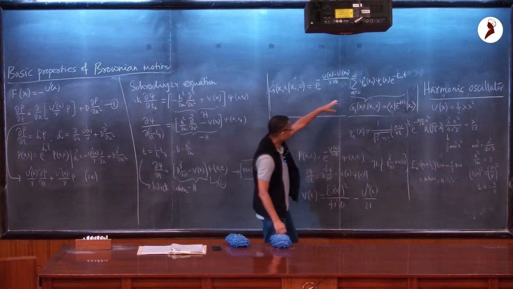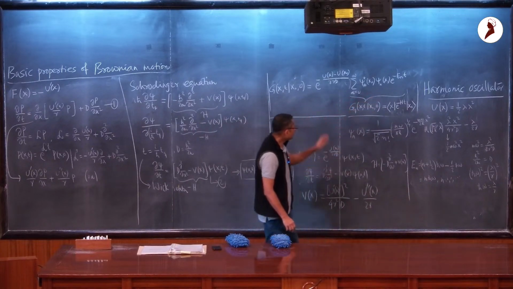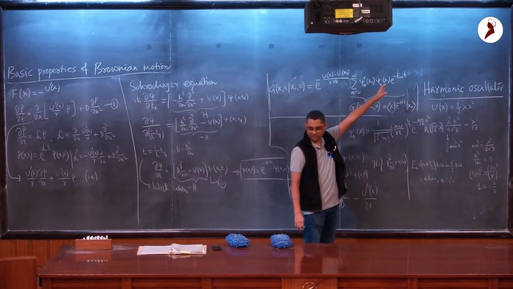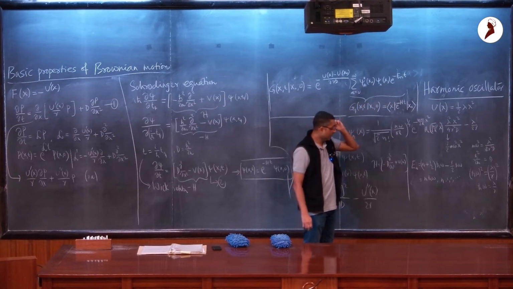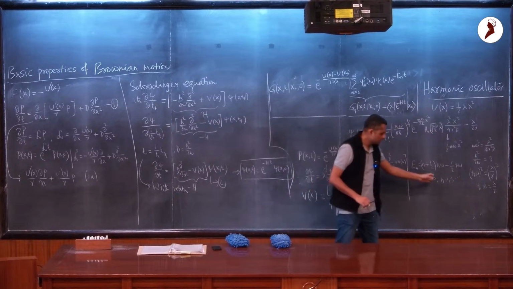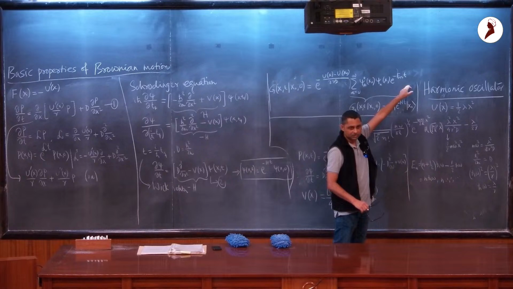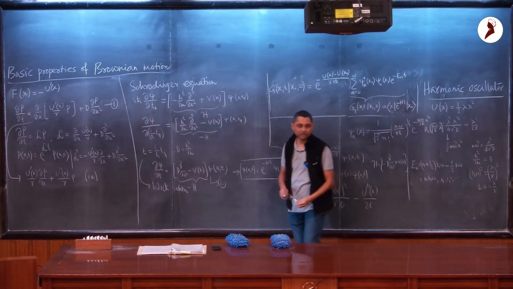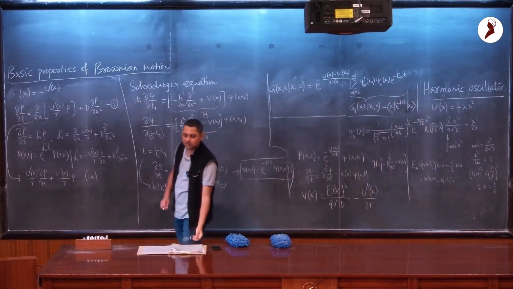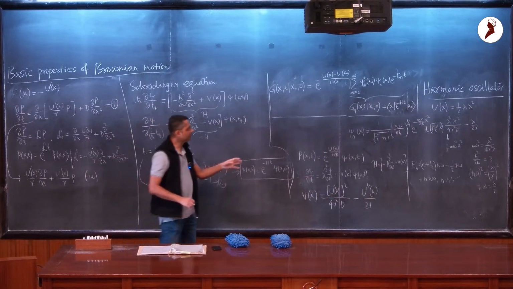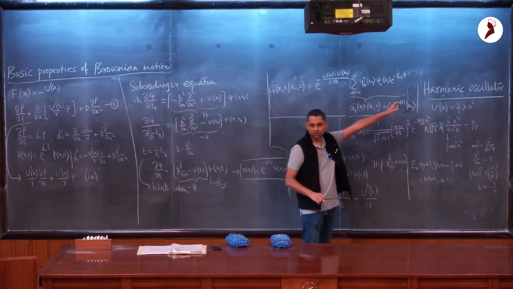Now let's look at this term. What is the lowest energy? It is 0. And what are the other energies? Basically this is nħω, right. So what happens when t goes to infinity? Only the 0 energy contributes, all the other terms go to 0.